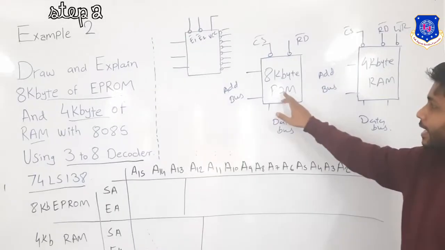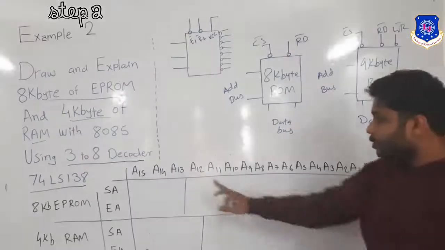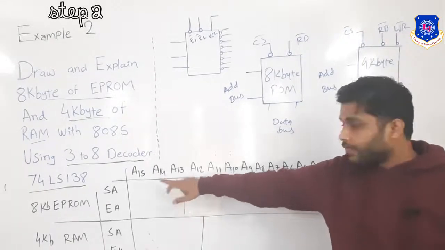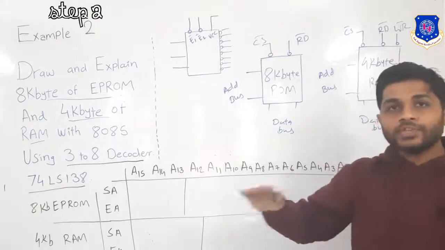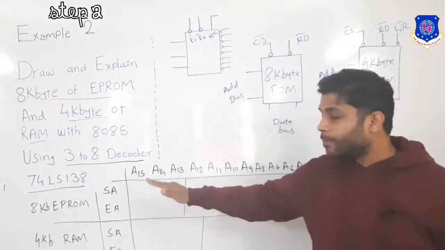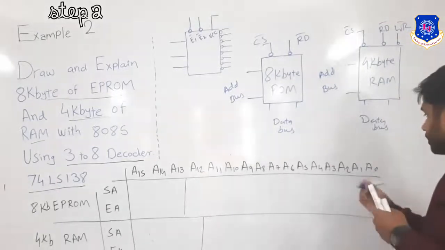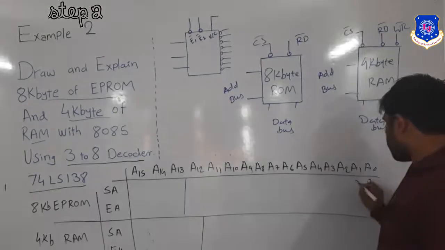For the case of 8 KB ROM, how many address lines are connected? Address lines A0 to A12 are connected for the 8 KB EEPROM. So to find the starting address of the EEPROM, we will set all the address lines connected to the 8 KB EEPROM, which are A0 to A12, to 0.